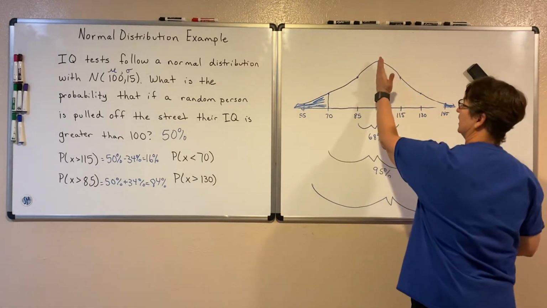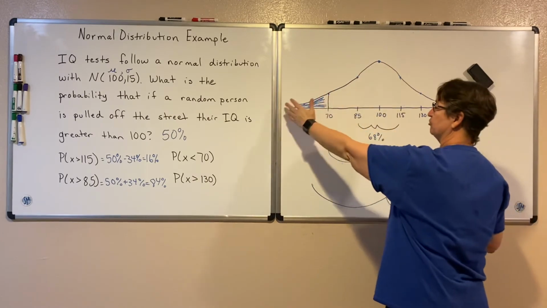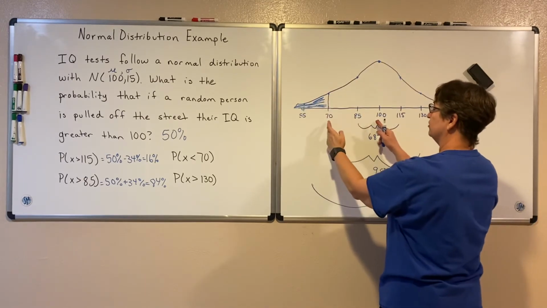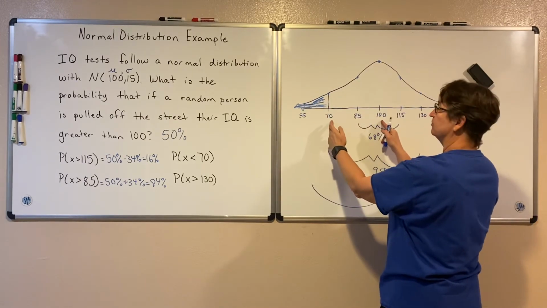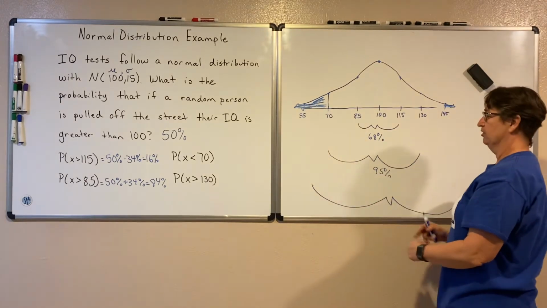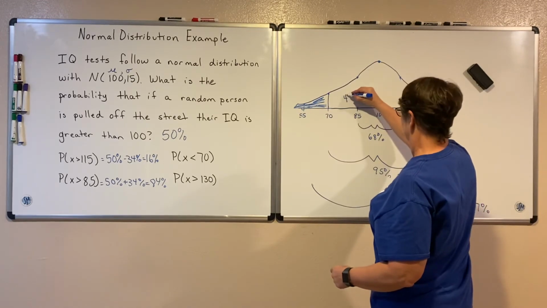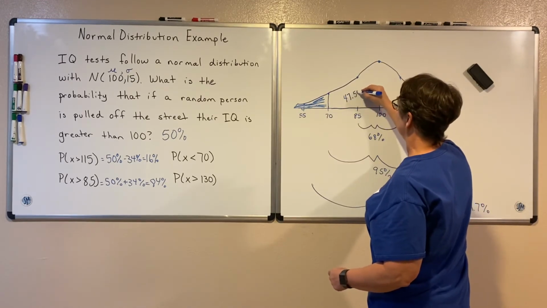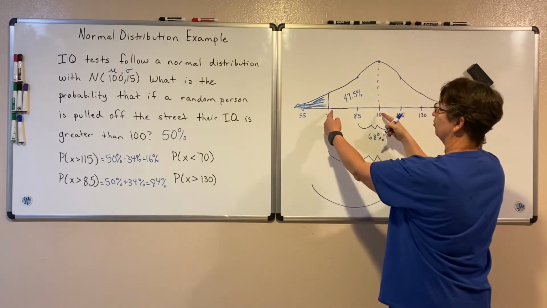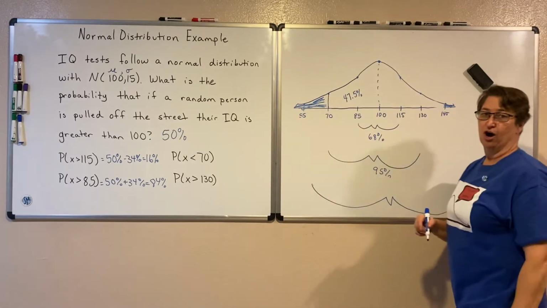One way would be to say, well, let's use that same strategy where I'm looking at 50%, because from here on is 50, and then I want to subtract off half of the 95%. So half of 95 would be 47.5%. From here to there would be 47.5. I could take that 50% and subtract that off.